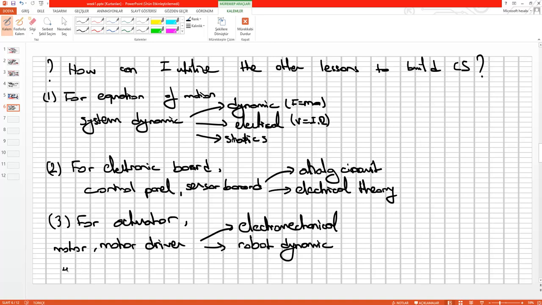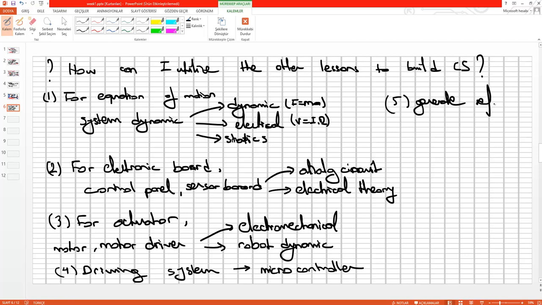And for driving the system, you need to learn about microcontroller programming, right? Or to generate the reference signal, you must know the signals and systems lesson, right? Or Python, or object-oriented programming to generate this signal, right?